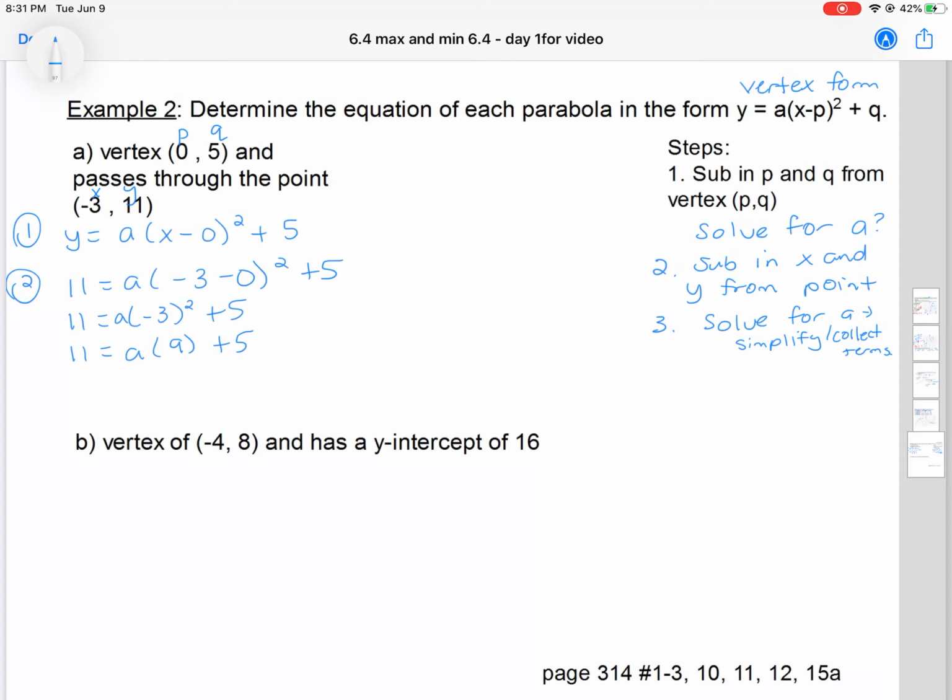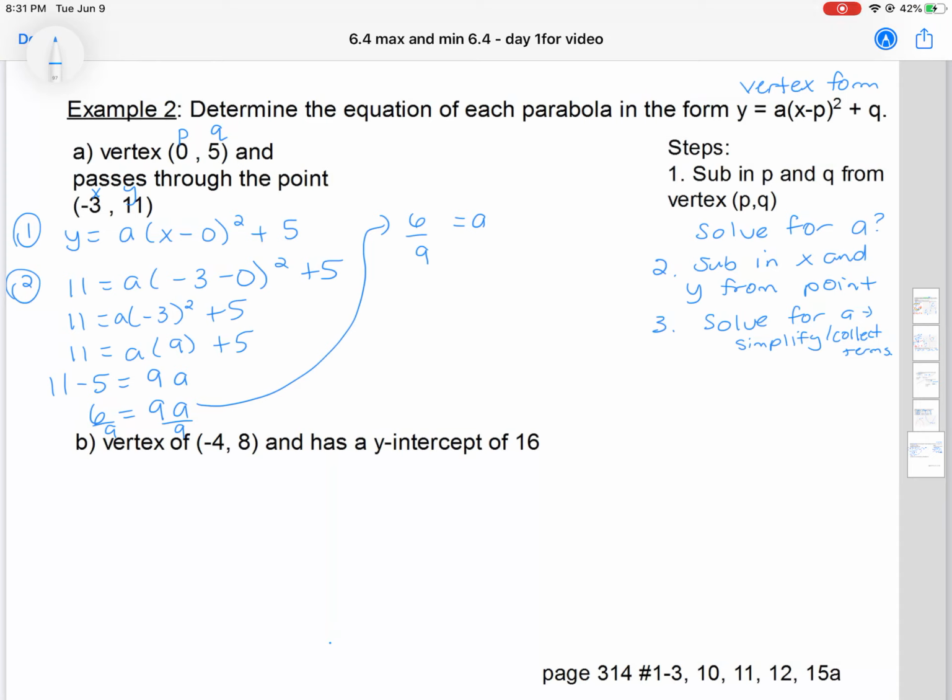So I'm going to bring the 5 to the other side. It doesn't really matter which side the variable is on. So I'm going to bring the 5 over. So 11 minus 5. I'm going to rewrite that like you're used to. So 6 equals 9a. And then we need to divide by 9. Now, you can do 2 things here.